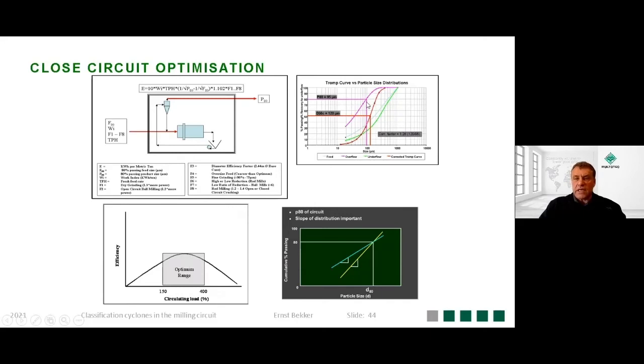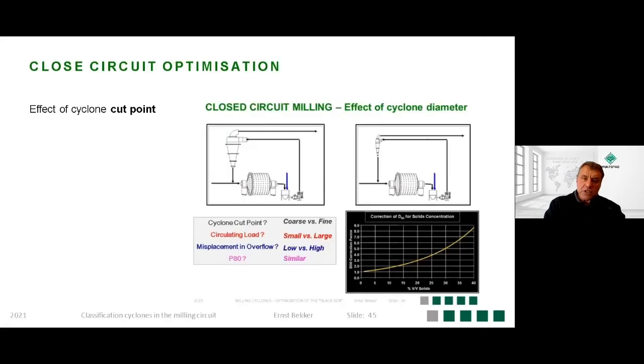You know that there's a relationship between the cyclone overflow and the cyclone cut point. And the objective is that we want the overflow size distribution to be as steep as possible. But again, the P80 value will remain unchanged unless you make changes to the mill circuit itself.